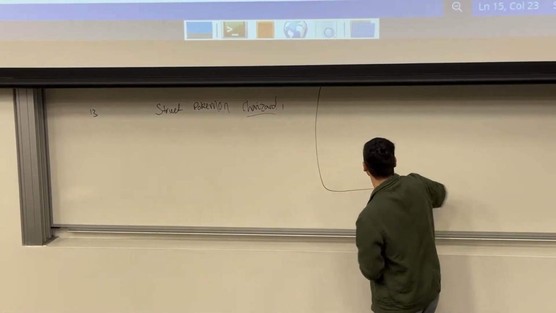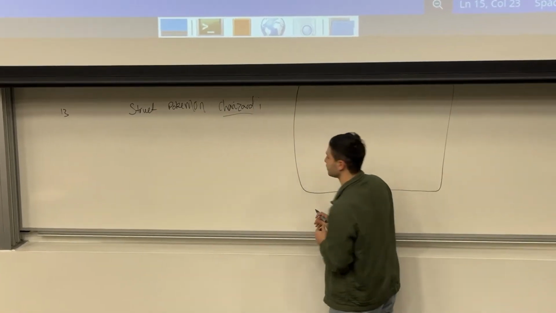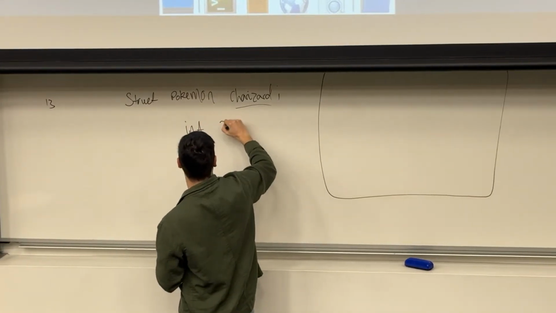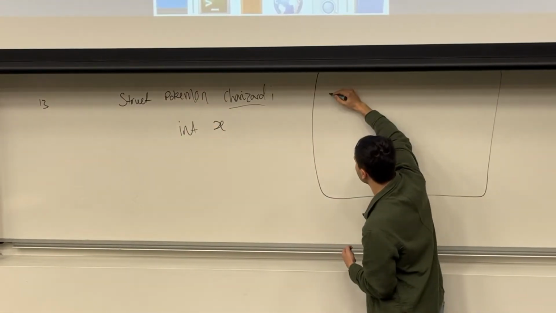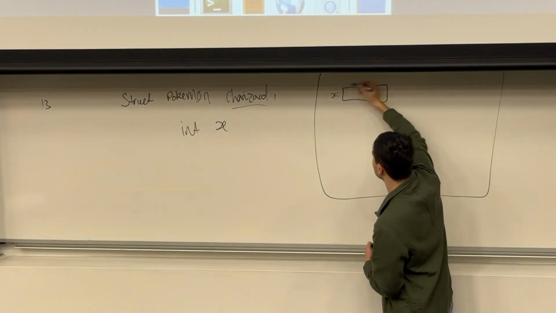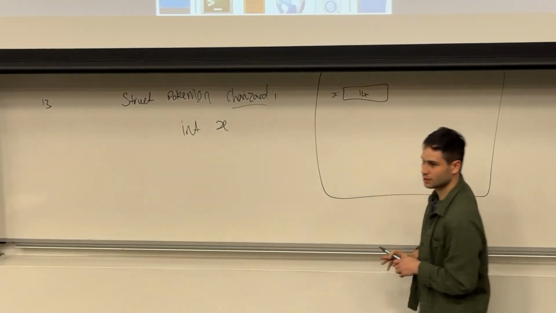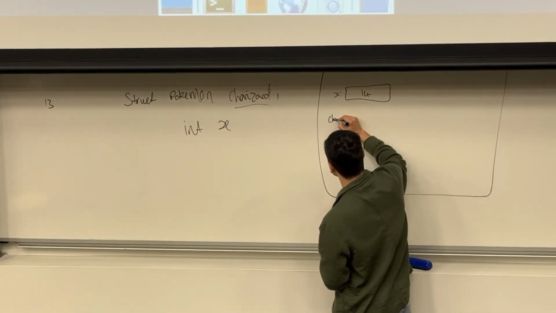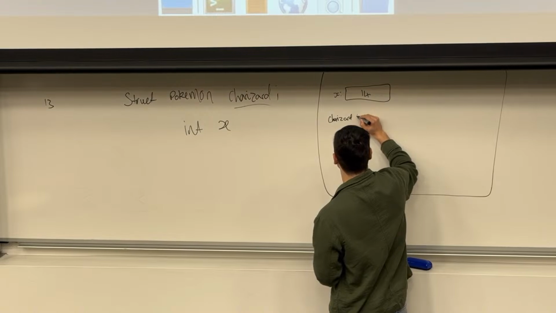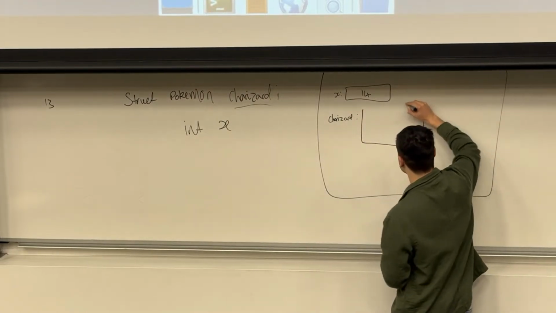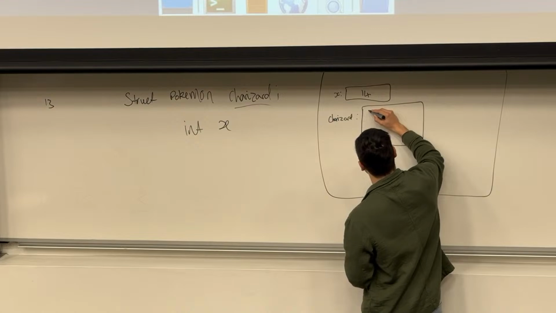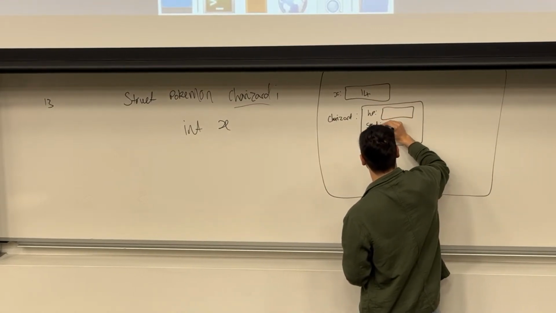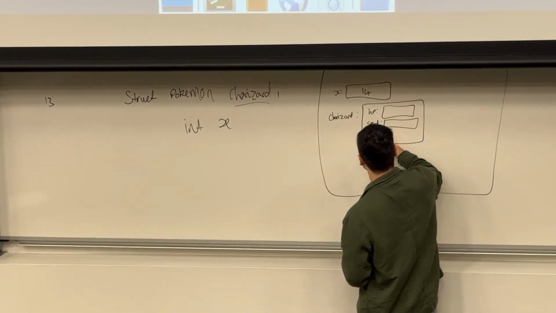In my memory, if I create an integer, int x, I get this thing called x, which gets a box for an integer. When I create a Charizard, which is a Pokemon, I get Charizard, and I get a bigger box with HP, speed, and attack.